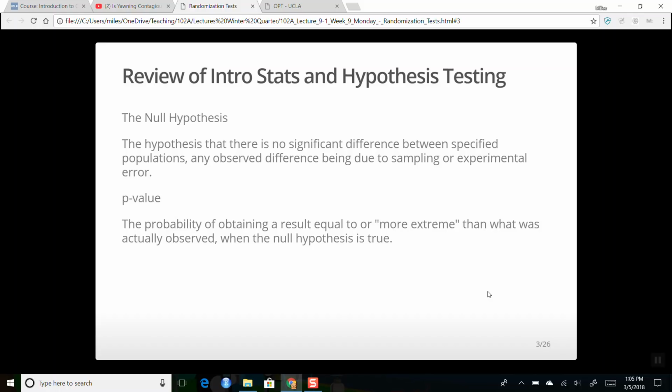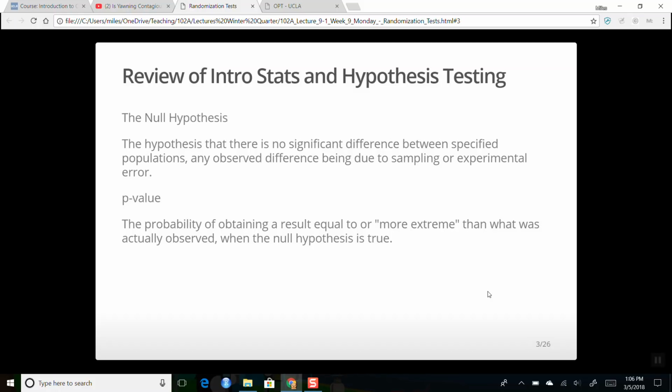And on the other hand, we have the p-value, which is the quantity that we get after we do a bunch of calculations. The definition of the p-value is the probability of obtaining a result equal to or more extreme than what was actually observed.